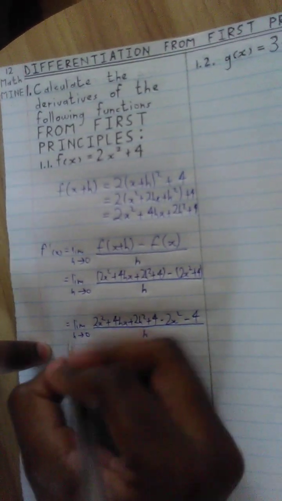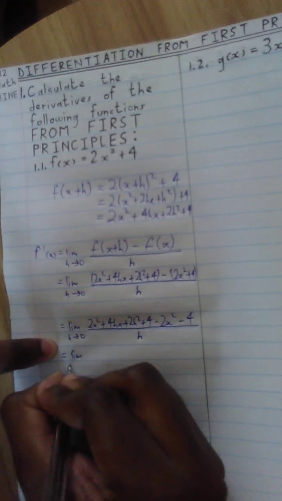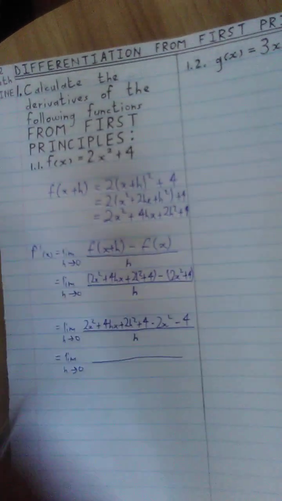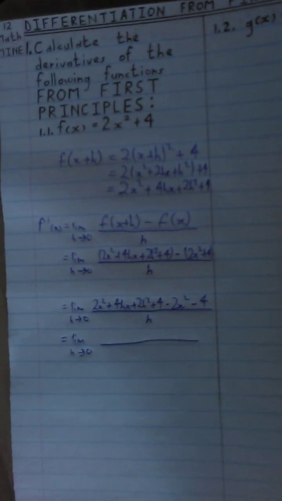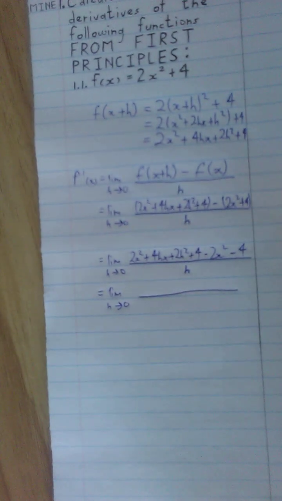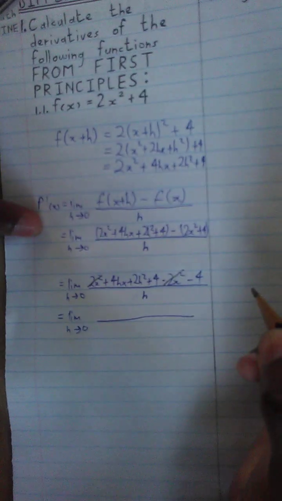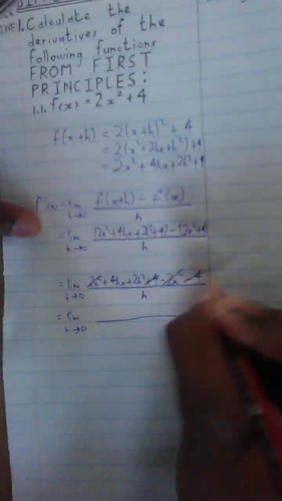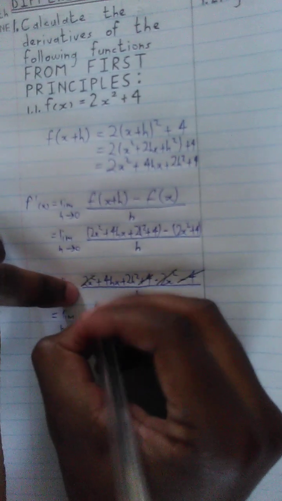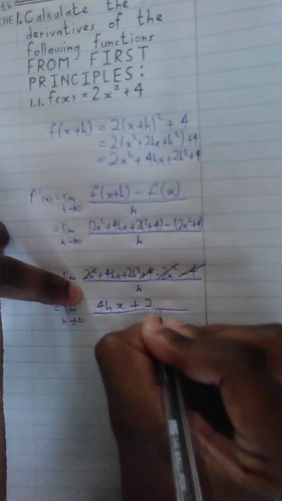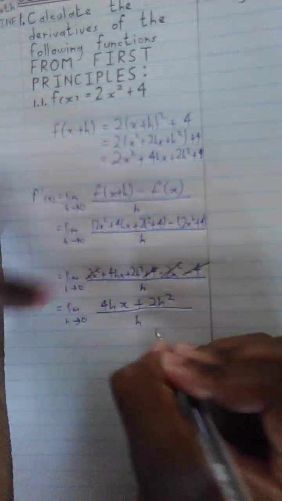This is equal to the limit as h approaches 0 of, so this goes away with this, right? And then positive 4 goes away with negative 4. So we are left with 4hx plus 2h squared all over h.